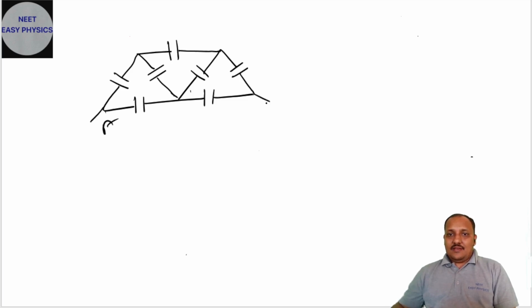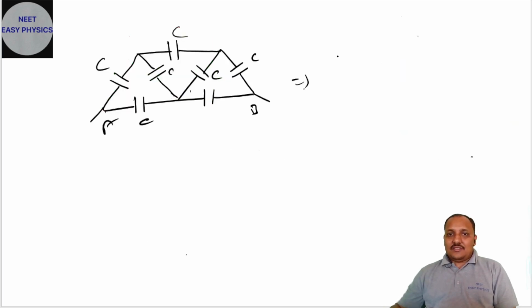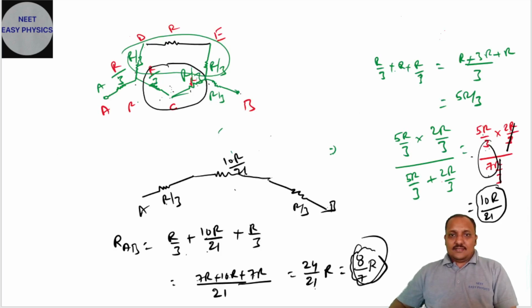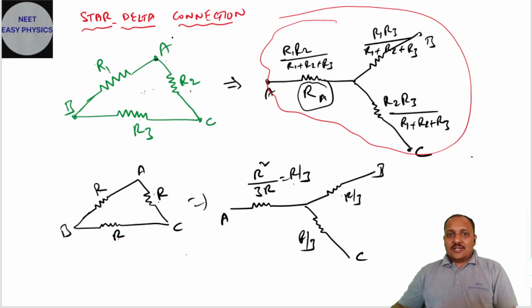This is A, this is B. All the capacitors have the same capacitance. At that time, for resistors if you got 8R by 7, for capacitors you will get the reverse, 7 by 8 C. So if you remember like this logically, you can get answers very easily. Instead of solving the entire question, if you remember, this is called star delta connection.